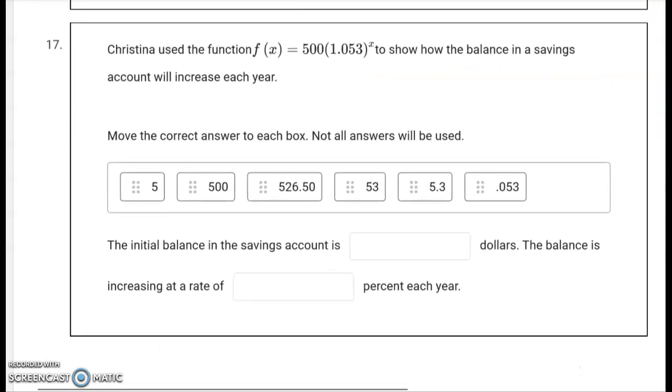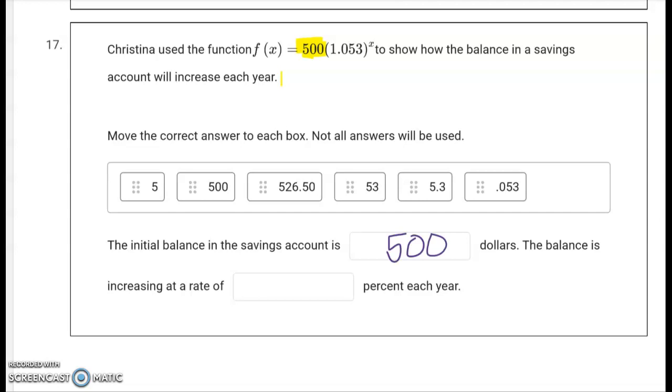In this one, I hope that we're remembering what the a and the b stand for again. The very first number, once again, is what you started with. We started with $500 in our savings account. Okay? And this is clearly bigger than 1, so it is growth, and it says the word increasing, and it's increasing by 5.3%.